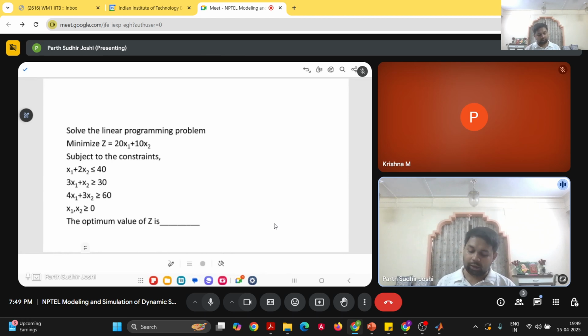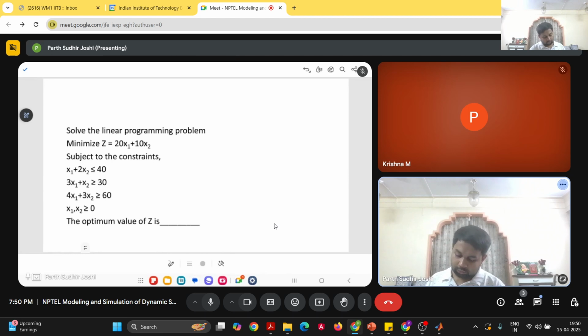So to find out the intercept on the y-axis, or x2 axis, we'll substitute, let us say, x2 is equal to 0.